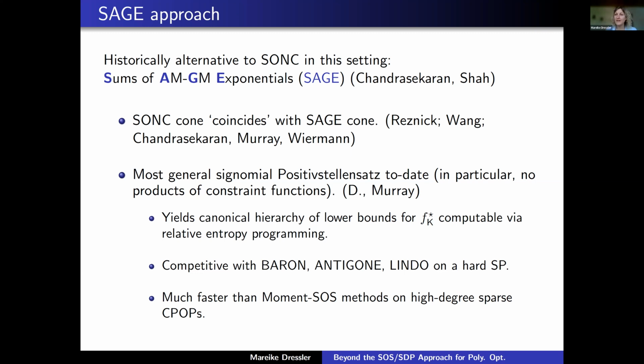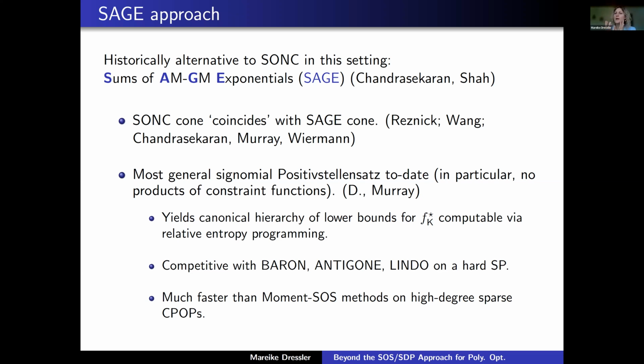In fact, later we saw that these two cones coincide in the right language. If you think about the SONC cone and translate it via the exponential function into the zygnomial setting, then these two cones coincide in the zygnomial setting, and you can also translate SAGE into the polynomial world, and then they also coincide.